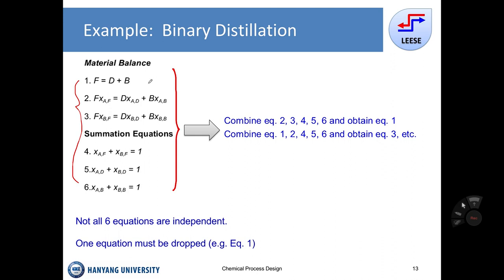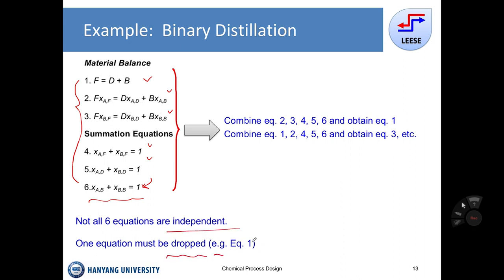Let's say if I use these 5 equations, I can derive the 6th equation, okay? When I have these 5, then I can have the additional 1. So not all 6 equations are independent, and one equation must be dropped.